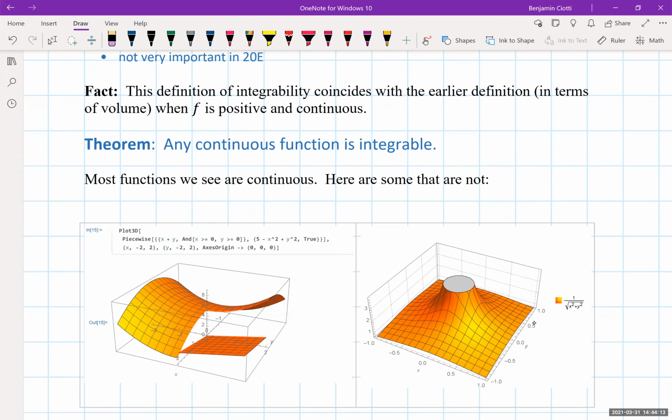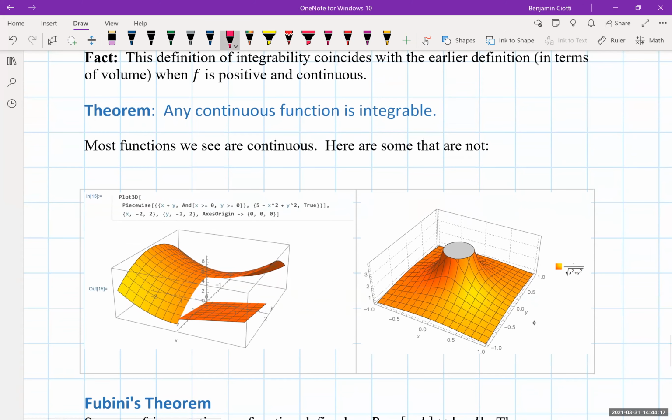That would be one example of one type of discontinuity of a function of two variables. On the right, however, we've got another example of a discontinuity. This is for the function 1 over the square root of x squared plus y squared, which is an important example, by the way. We're going to see this example in this class multiple times. It has a discontinuity at 0.